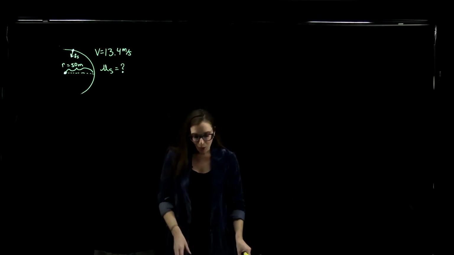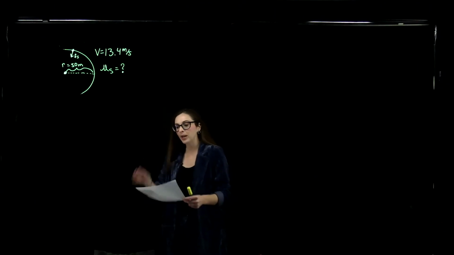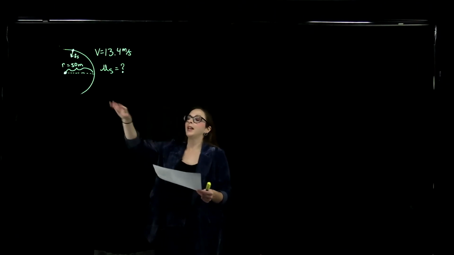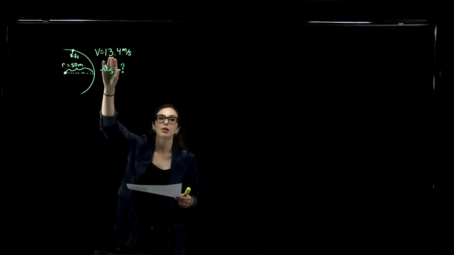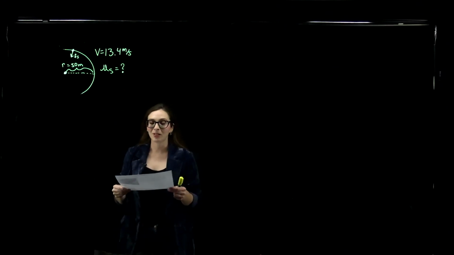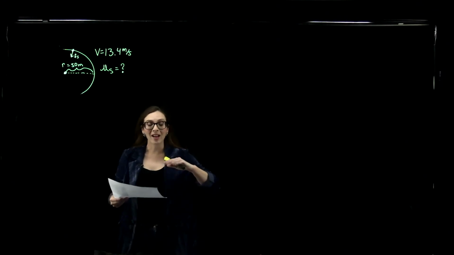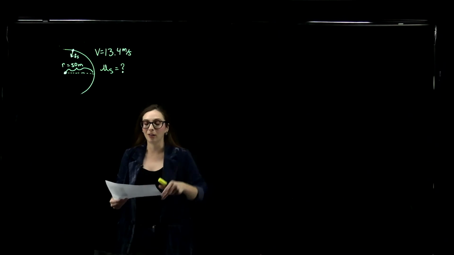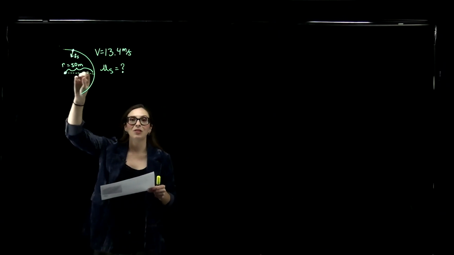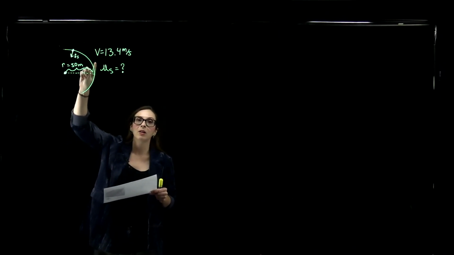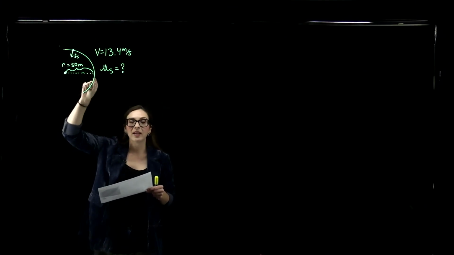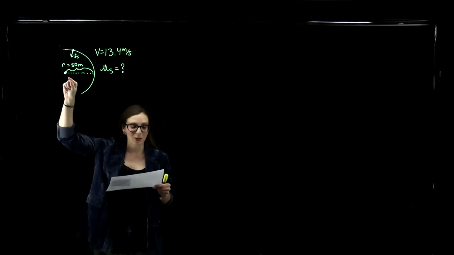Okay, so we have a race car that is traveling at a constant speed of 13.4 meters per second on a flat circular turn with a radius of 50 meters. So here's my car going around this turn. The radius of that turn is 50 meters.